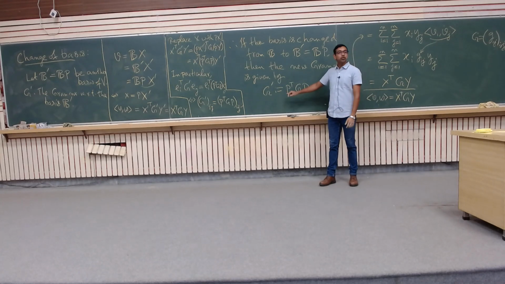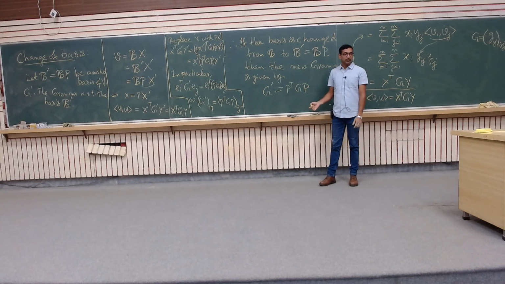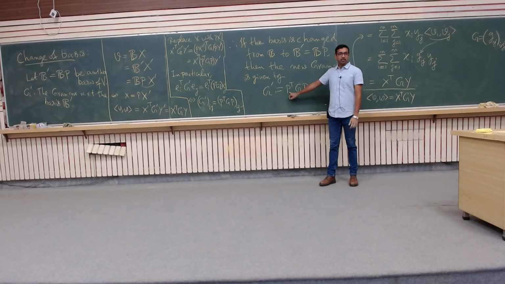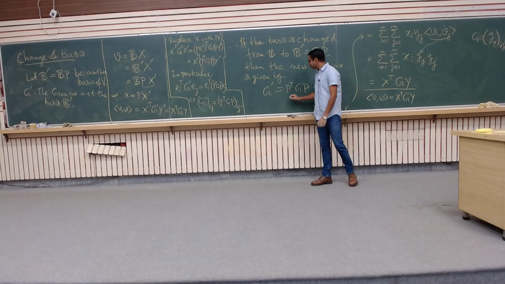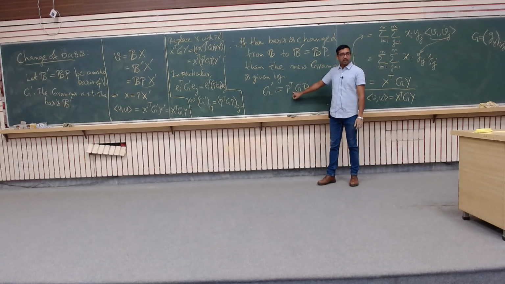Note that those may not always be equal, unless this is an orthogonal matrix. We'll see soon what we mean by orthogonal matrix, but not for all invertible matrices is P transpose going to be its inverse.